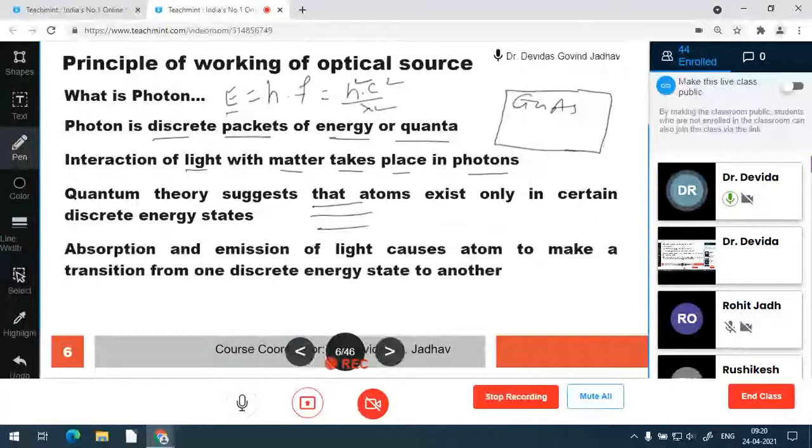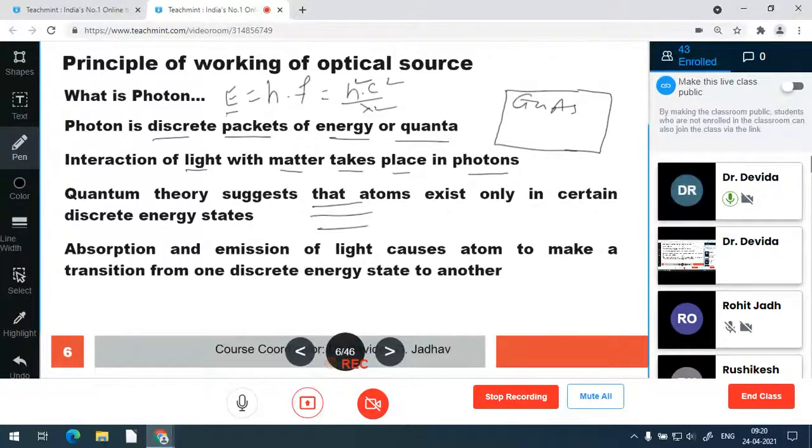The atom has electrons rotating around the nucleus, and these electrons have different states of energy, and the outermost orbit electrons have the valence energy state in the atom.